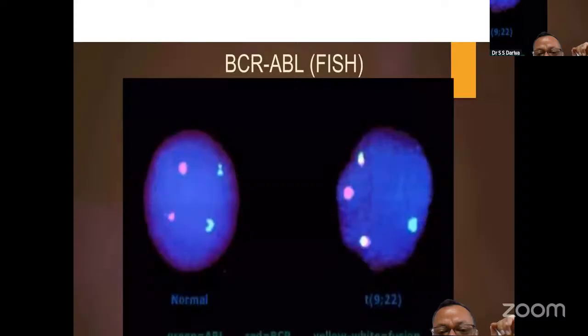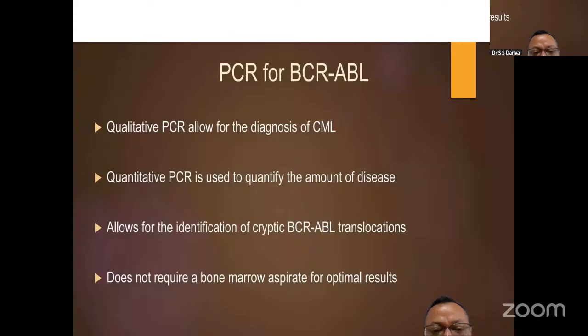This is the BCR-ABL FISH, where you can see the different colors. This is a normal one, and here is chromosome 9 and 22, where you can see green and orange also. So this is FISH. But PCR, this is qualitative, which allows for the diagnosis of CML.